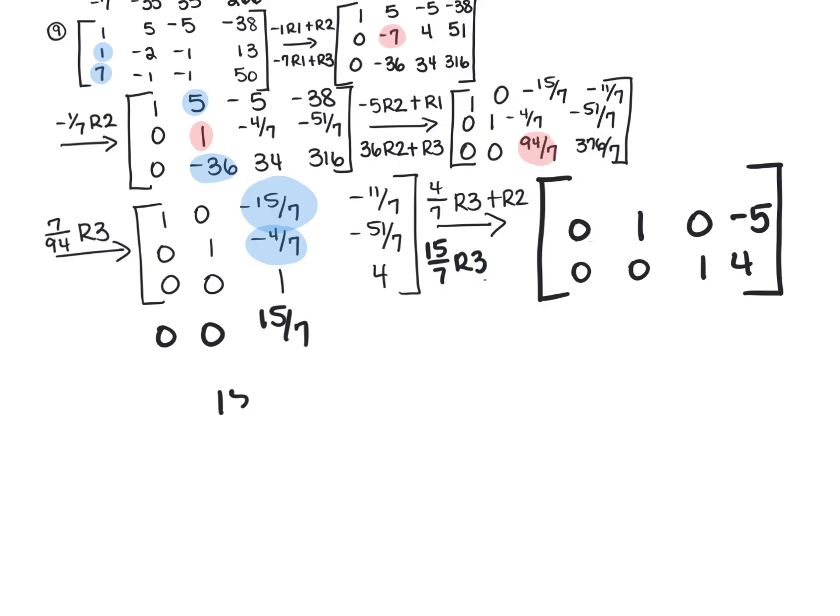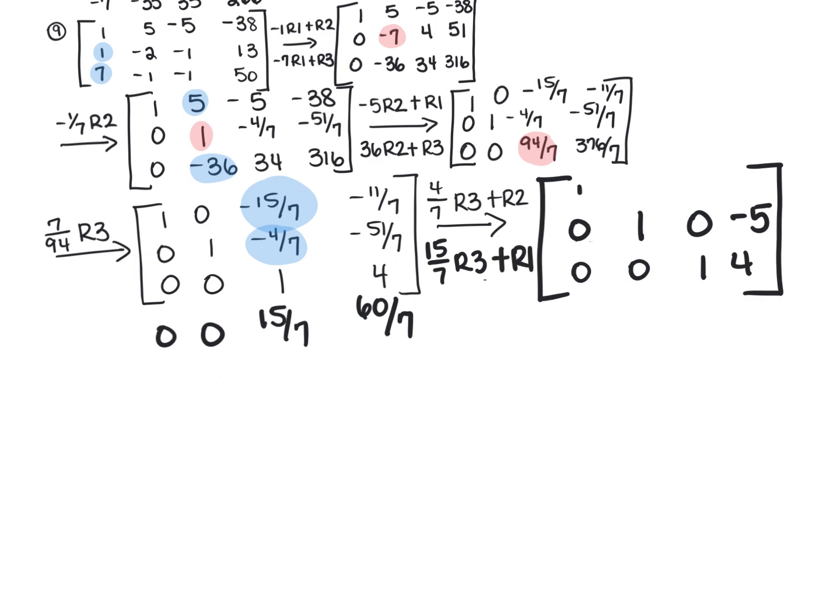And then I have 15 over 7 multiplied by 4 over 1, which gives us 60 over 7. So I'm going to erase this out of our way, and we are going to add to row 1.